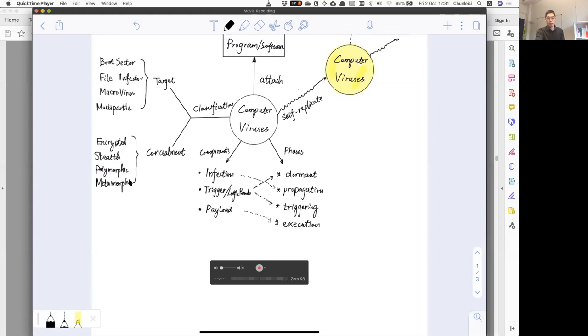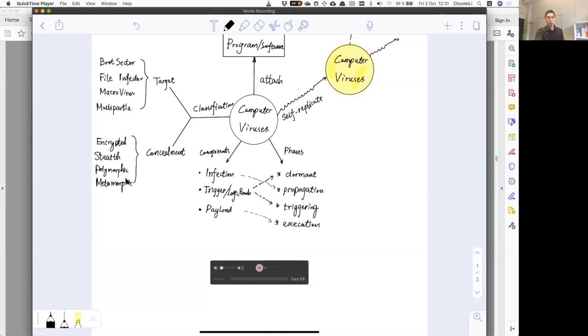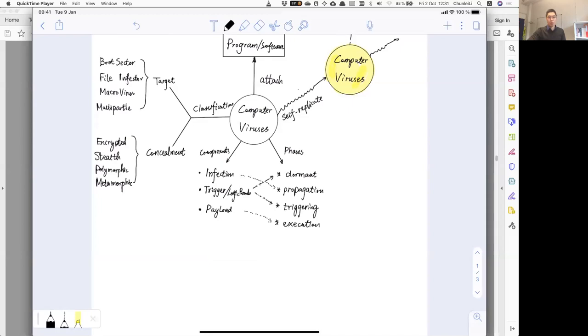The second type is stealth, a general term for trying to hide itself in different ways. We also mentioned the polymorphic virus and the metamorphic virus. These are the ways that a computer virus tries to hide itself from being detected.